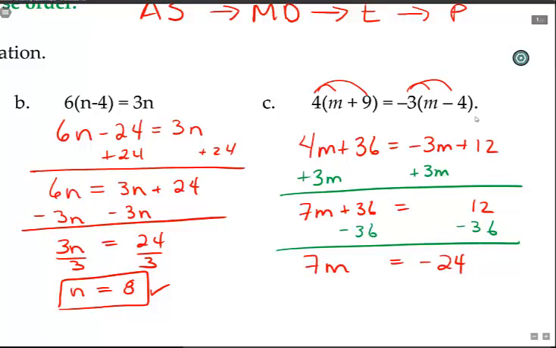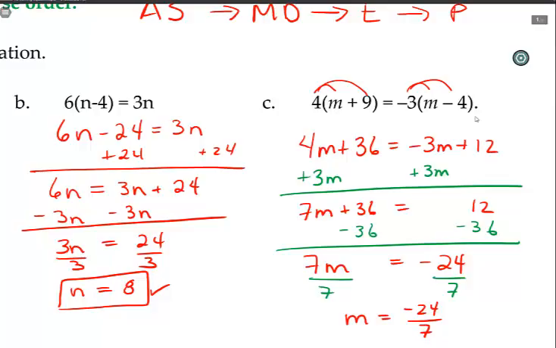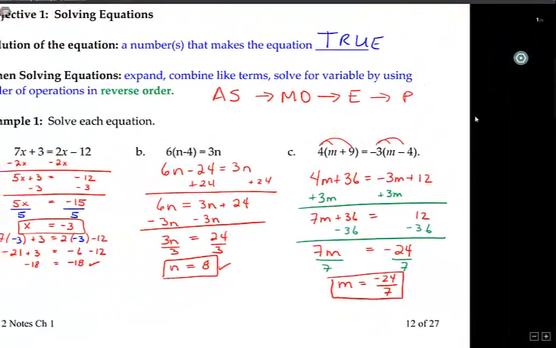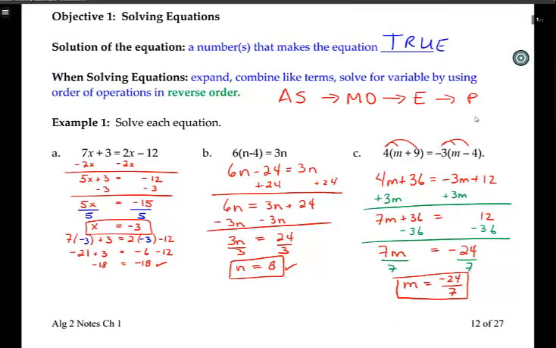Interesting that in this case, when we divide both sides by 7, our answer is not necessarily a nice, neat integer, but negative 24 over 7. So we have to realize that not all the time are we going to get an answer that's a nice, neat integer like we did on A and B. Don't be worried when you get a fraction for an answer. Let's look at the next page.